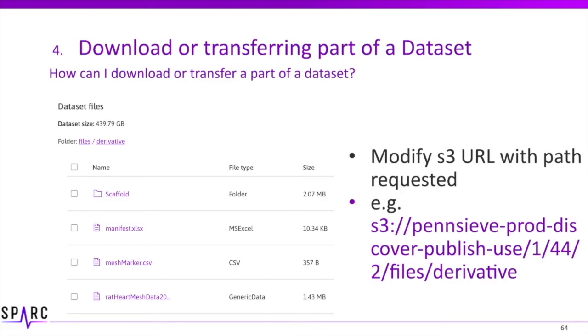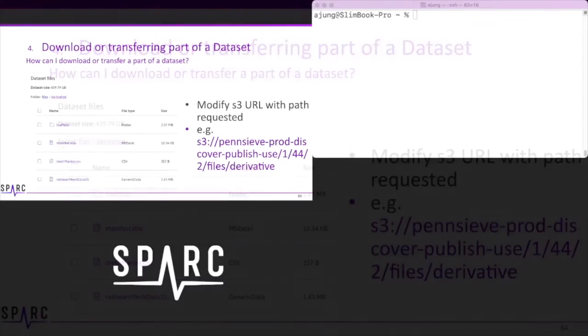Append that path to the end of the S3 URL that we used in the prior examples. In this example, we would download dataset number 44, revision 2, the files folder, and everything within the derivatives folder.